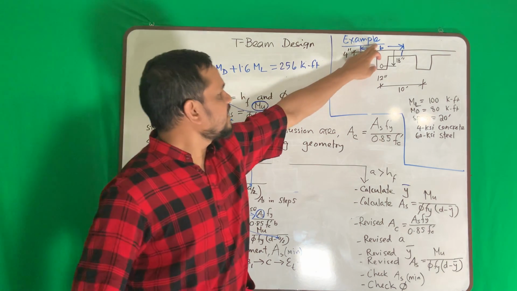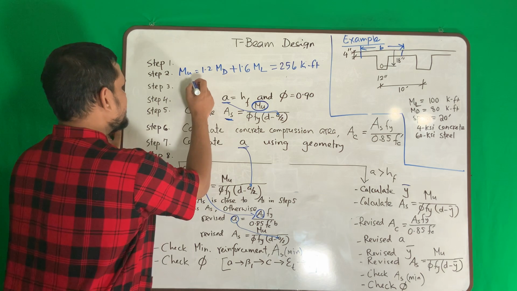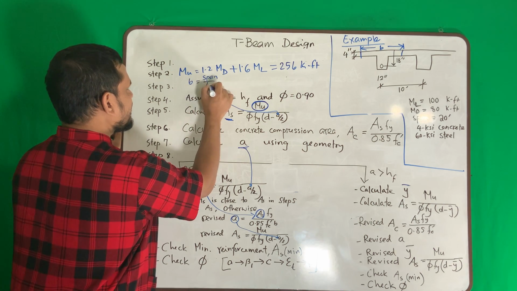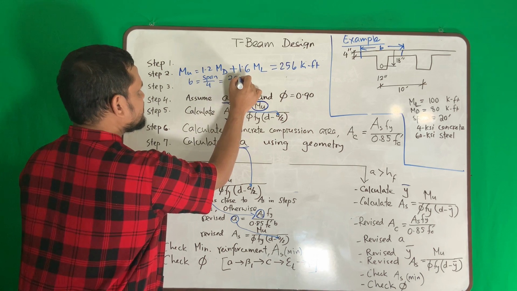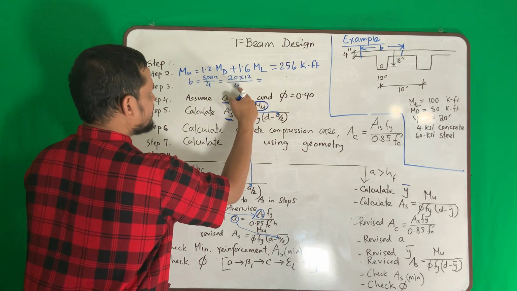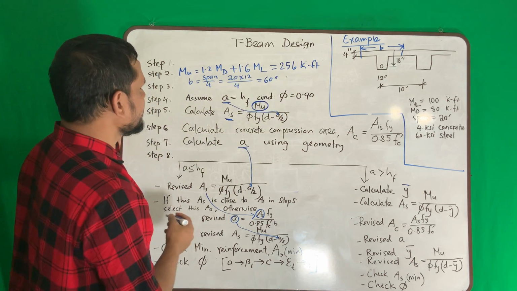One is b cannot exceed 1/4 of the span. So b is span over 4. Span is 20 feet times 12 divided by 4 equals 60. So that is one condition.